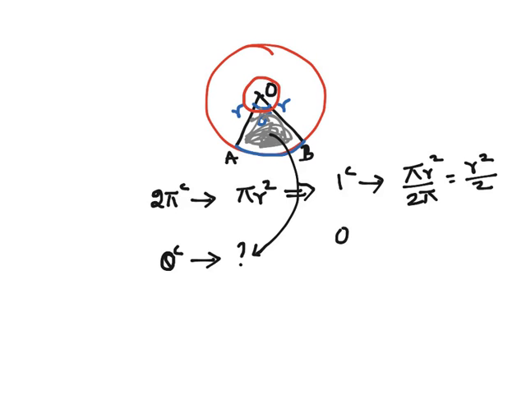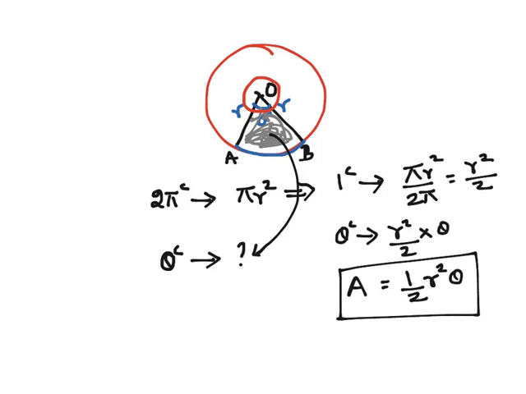Hence theta radian will give us an area of r square by 2 multiplied with theta, which is nothing but half r square theta. So this is the area of the sector. We have derived the formula to find the area of a sector: half times the square of the radius multiplied with the central angle in radian.